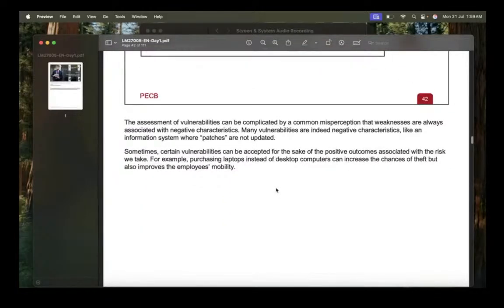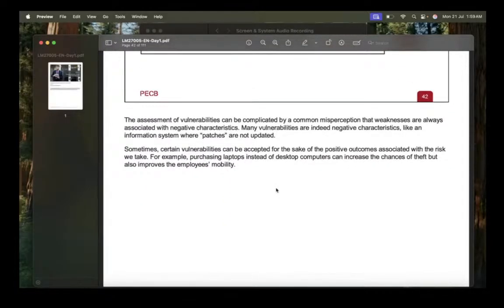If we go and read the other information that is available, sometimes what happens is, if you see the first para, it says that the assessment of vulnerabilities can be complicated by a common perception that weaknesses are always associated with negative characteristics.